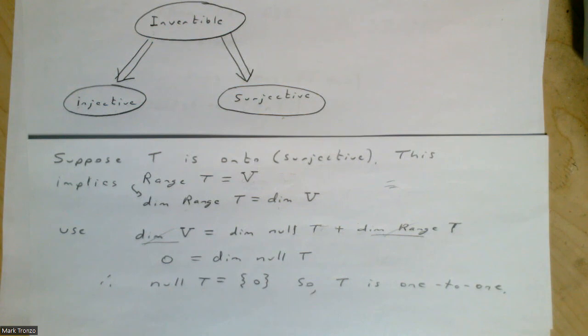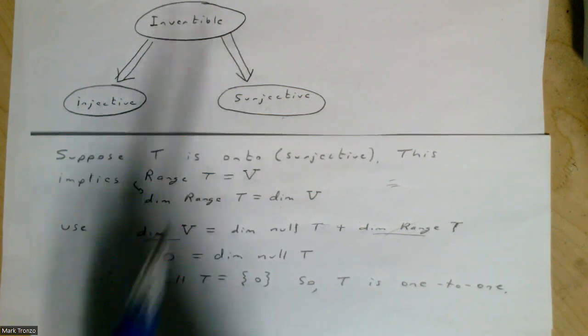So now we've filled in all the spaces. Notice what we've done. We've assumed that T was 1-to-1, and we proved it was onto.